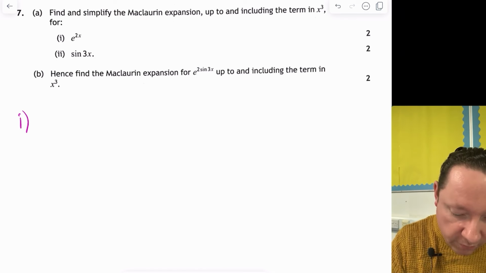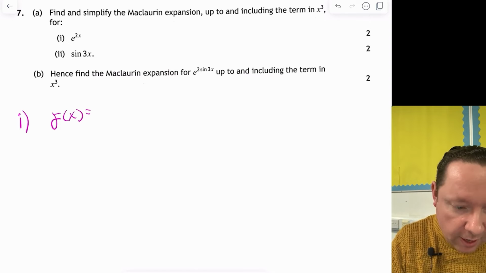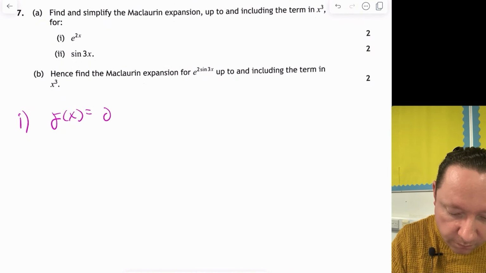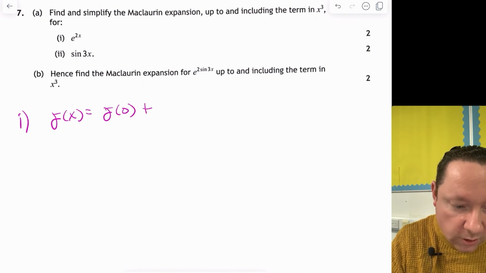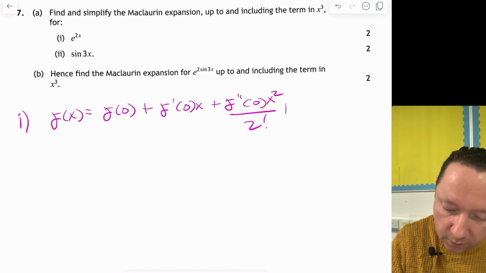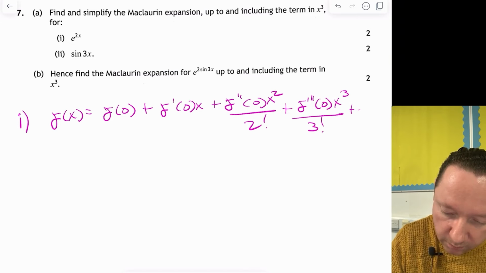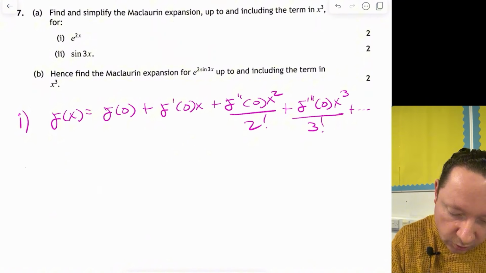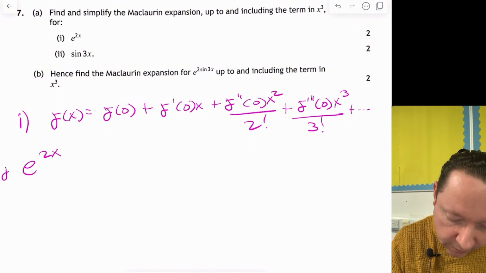So we've got f of x is f of 0 plus f dash 0 x plus f double dash 0 x squared over 2 factorial, of course, plus f triple dash 0 x cubed over 3 factorial, and you could go on like this forever. So we've got e to the 2x, that's f of x.